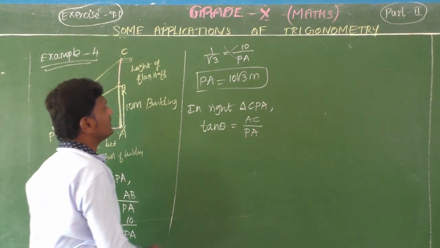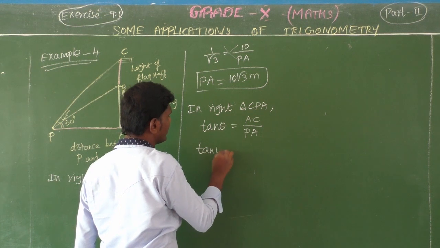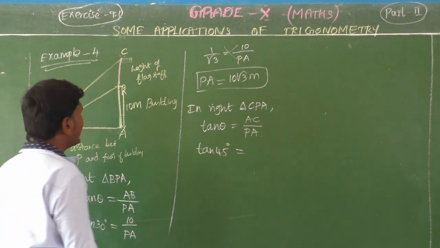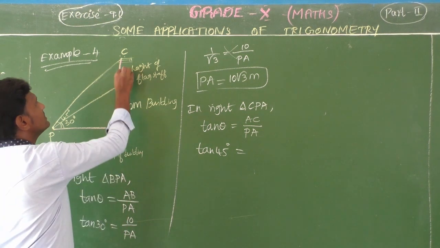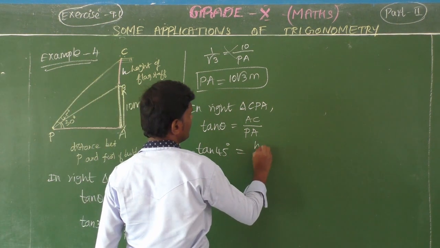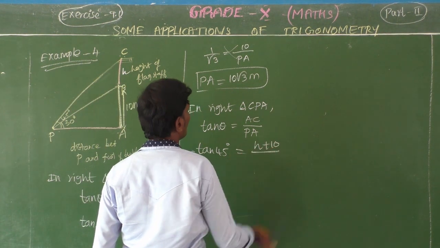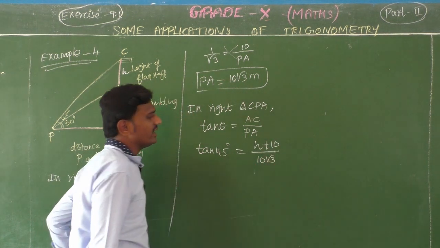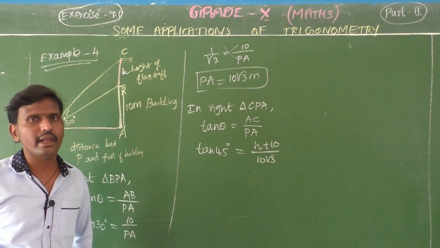Theta is 45 degrees. So tan 45 degrees equals AC, where the height of the flagstaff is denoted by H, so H plus 10, whole divided by PA, which is 10 root 3.